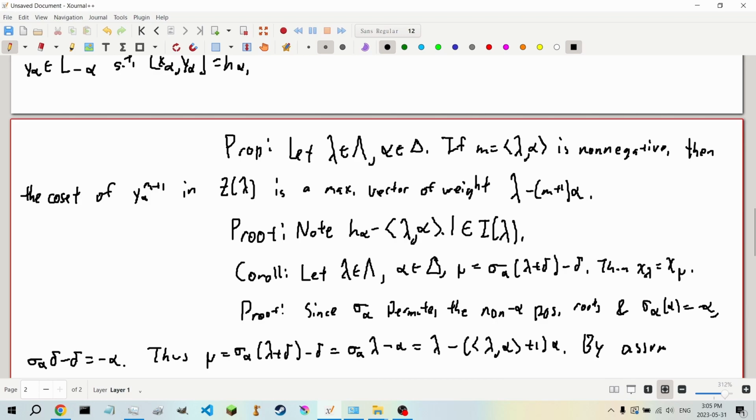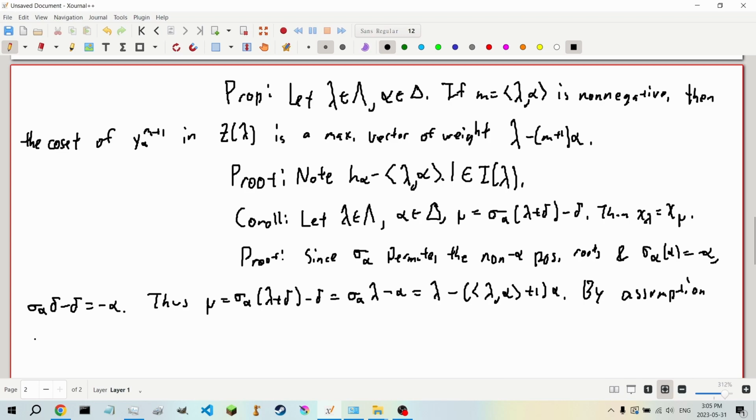And by assumption, keep in mind that we have the angle bracket of lambda and alpha being in the integers.